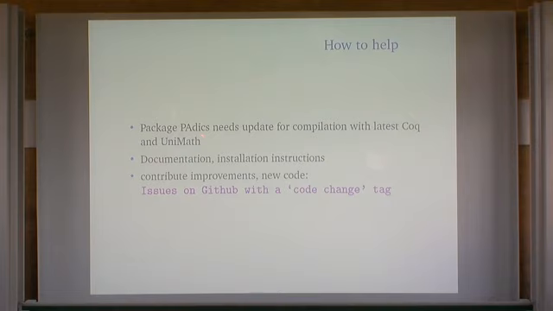For instance, we have one package on periodic numbers, which is in urgent need of an update so that it would compile with Unimath. It is part of Unimath, but it's not compiled because it doesn't compile. So that's a construction side that would need some attention.